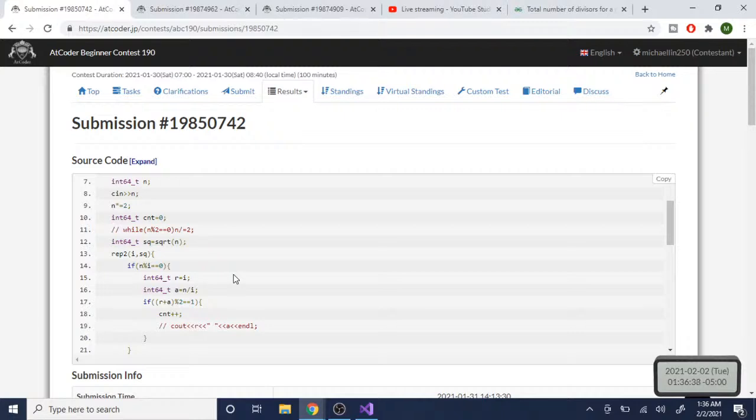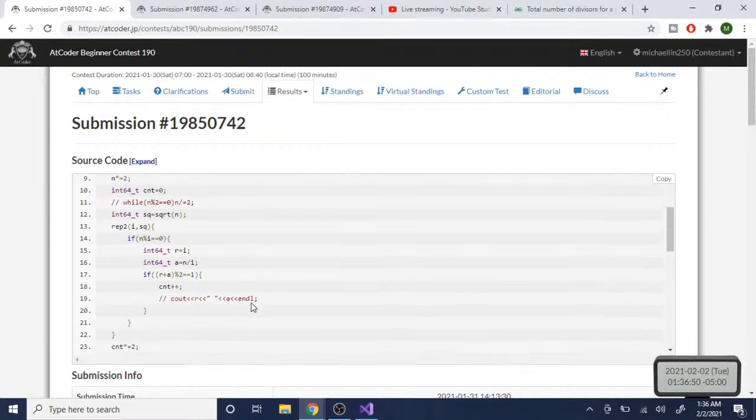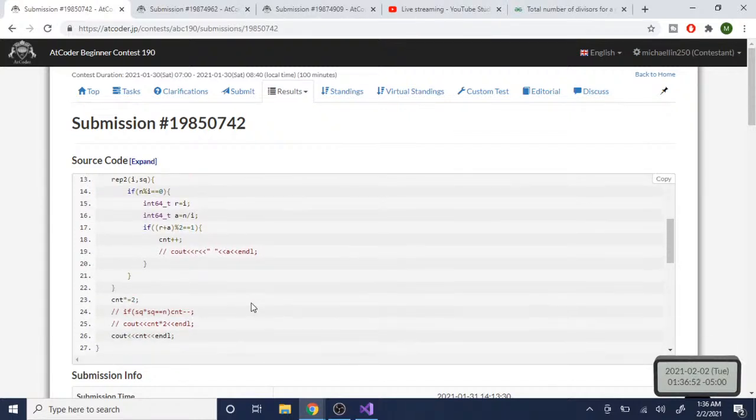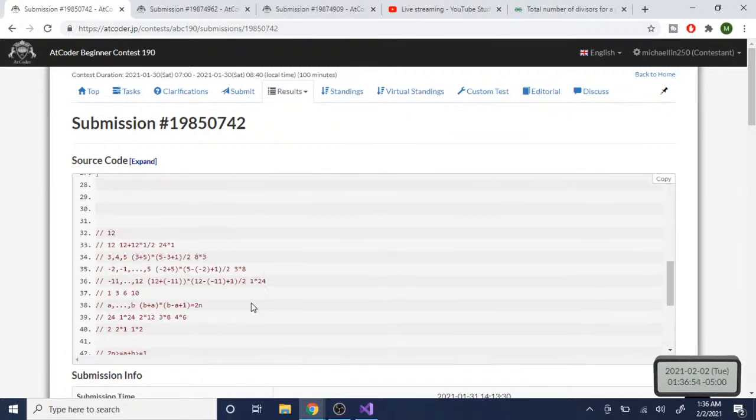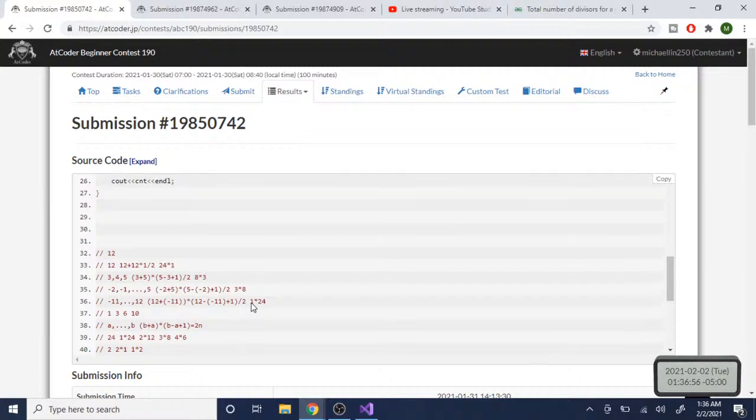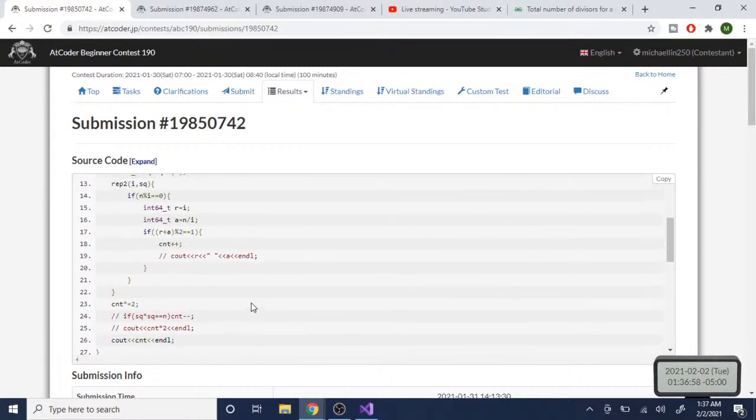If it's divisible by it, what are you doing here? Divided by i. If you add by a mod by 2 is equal to 1. What? What does that mean? That makes no sense. Add by a mod by 2 equal to 1.